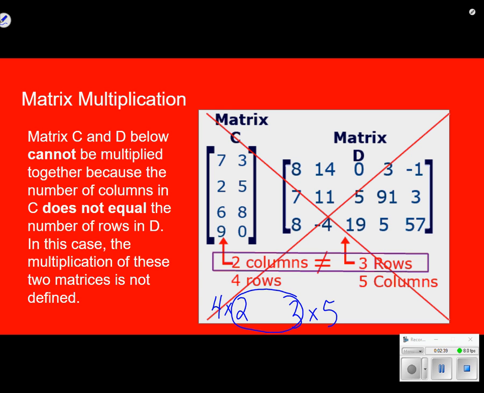So I can't multiply them together. If I was asked to do that, I could say that the answer is undefined. Anytime I am unable to add two matrices because they're not the same size, or multiply two matrices because they're not the correct sizes, I can say that the answer is undefined. Now, I can't just say that for everything, but I can say that a little bit.